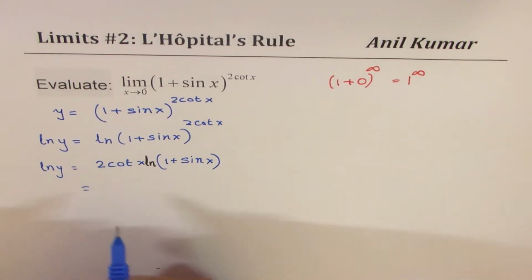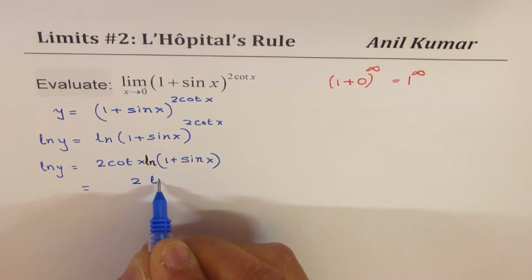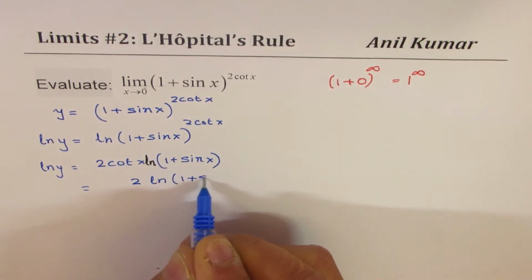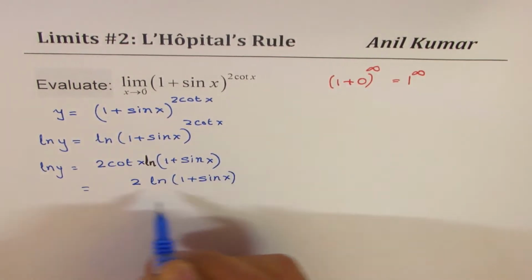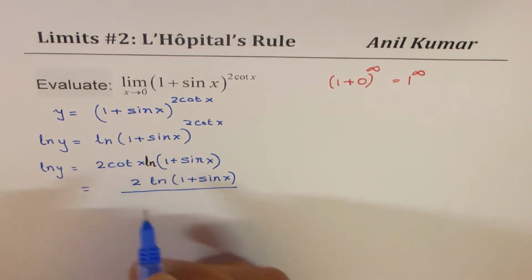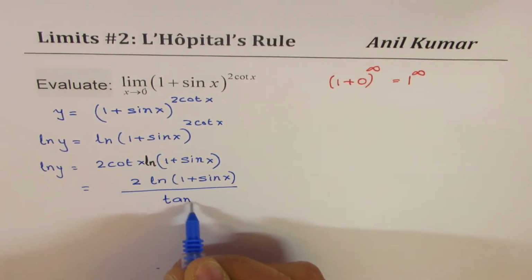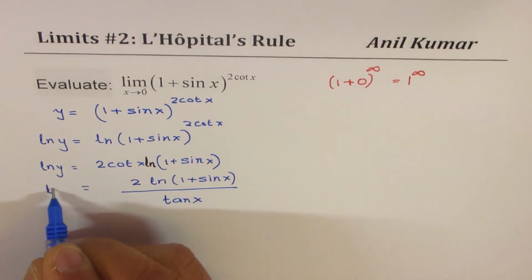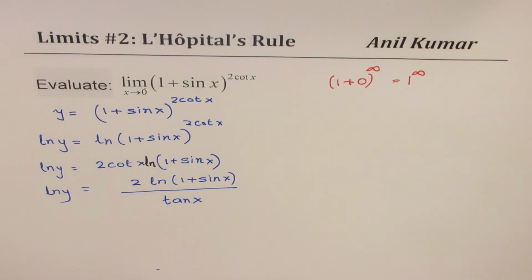We could also write this as 2 ln of 1 plus sine x over tan x, since cotangent x is 1 over tan x. And we have ln y.